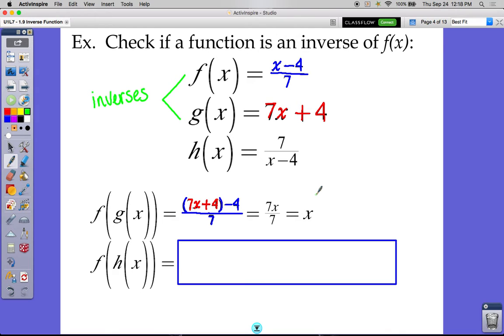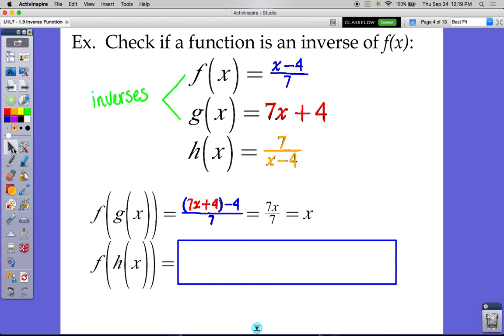Let's take a look at what happens here when we talk about f of h of x. Well, same thing. Let's go orange. So the same thing this time, except that where I saw an x, I'm going to replace that with h of x this time.